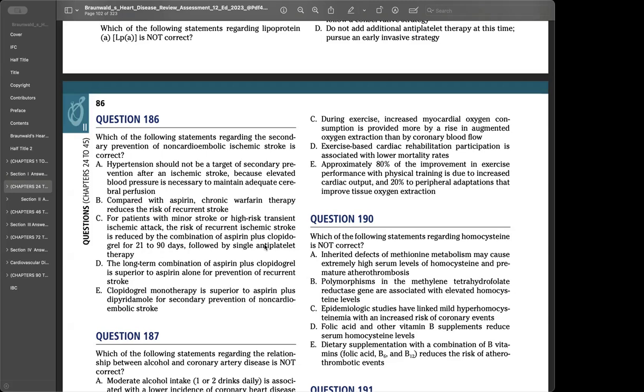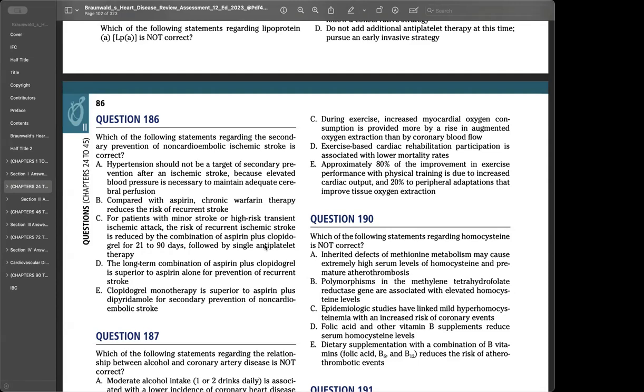This is false because the peripheral adaptations and the coronary blood flow are responsible for 50% each. So that should be false also.